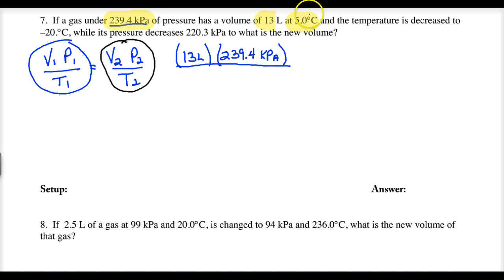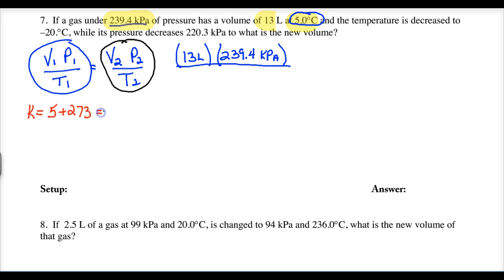However, remember that we cannot use a Celsius temperature. We need an absolute scale that tells me how many degrees away from no more motion. This is 5 degrees away from a 0 in Celsius that has plenty of motion left. So we have to convert. So Kelvin equals my Celsius, which is 5, plus 273.